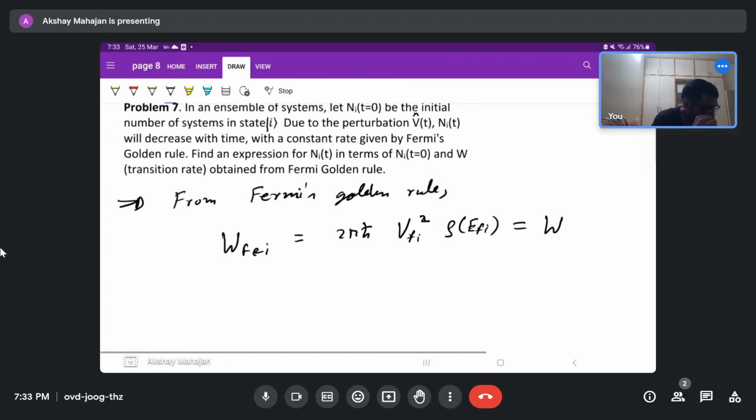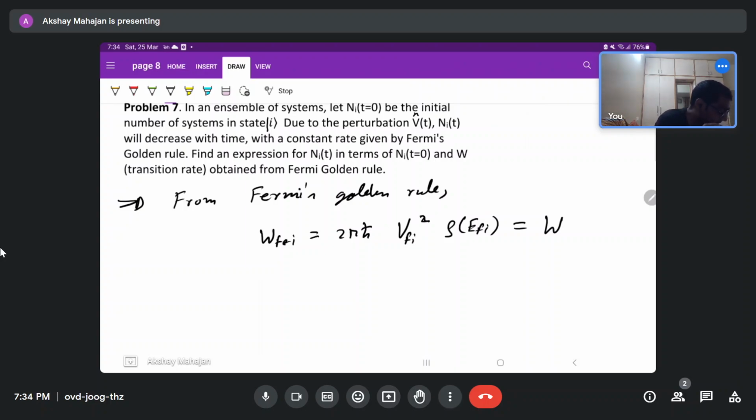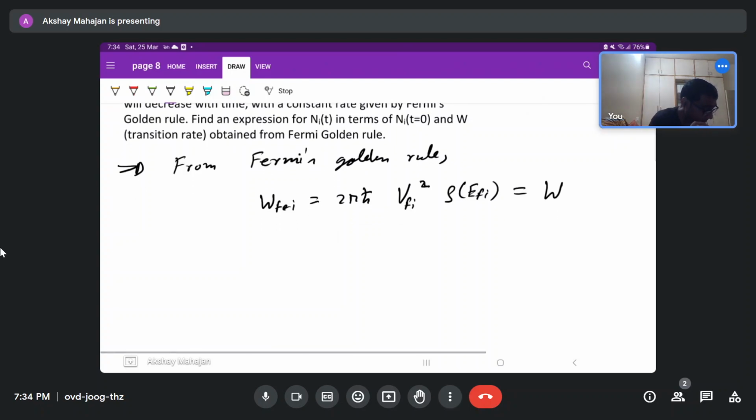We just need to remember that it is given by the Fermi golden rule. We will not actually need this formula.